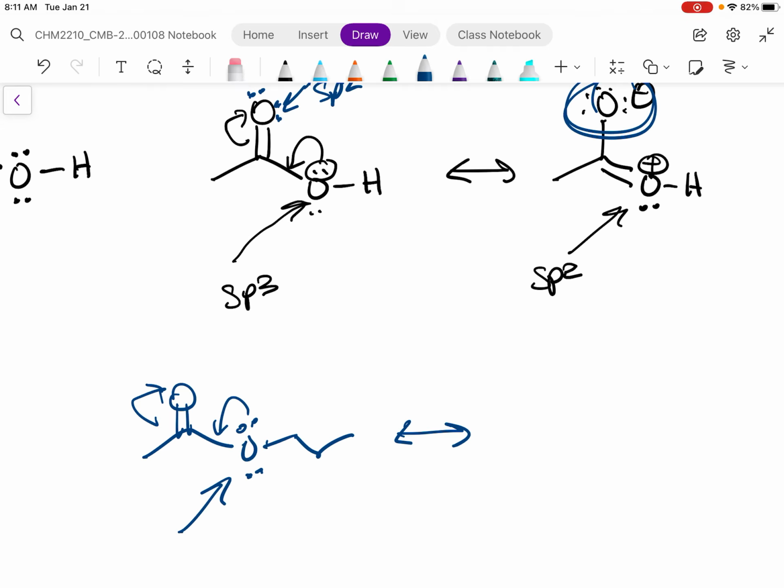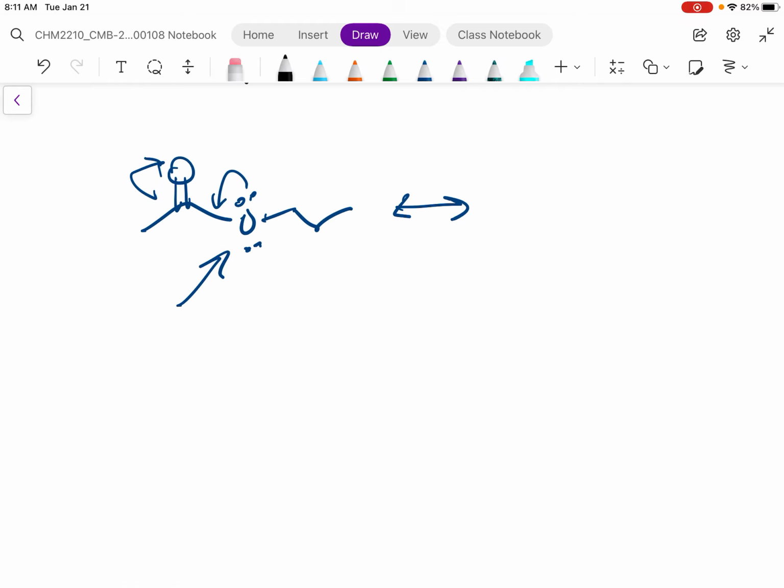Okay, the next topic that we want to discuss is that we have resonance structures, and we can create many resonance structures for one molecule. But not all the resonance structures that you can create are significant. Some resonance structures matter a lot, and other resonance structures we don't even care about.